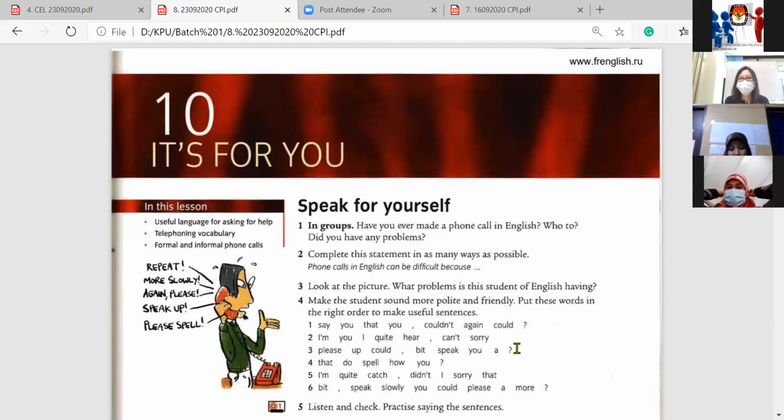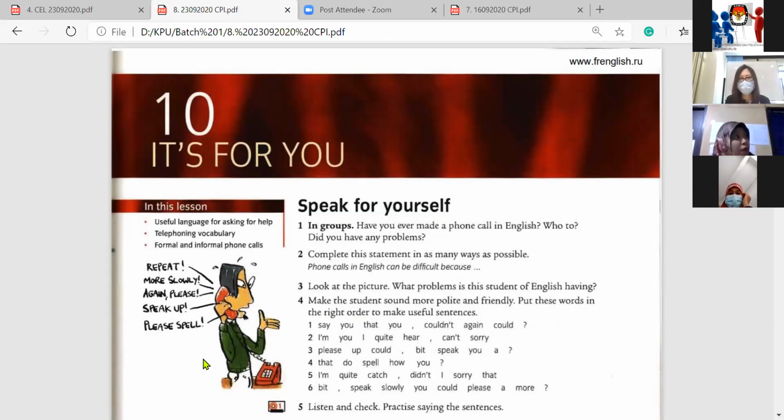So we can have problems if we make phone calls or communicate not in our language. Now look at the illustration here, the picture on the left. What do you think the problem is? Speak too fast, okay, good, and not clear.